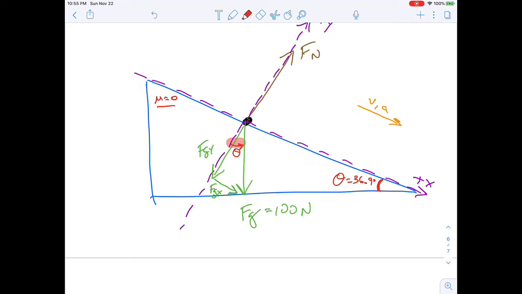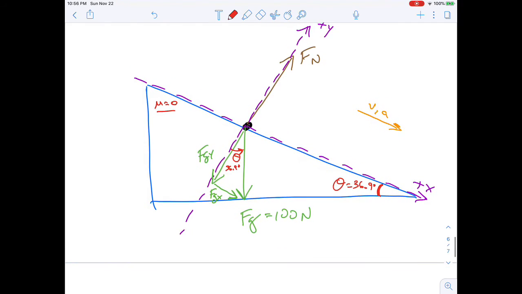And you don't want this angle. This angle and this angle are not the same. So that means that this inside is 36.9 degrees. I made this particular ramp 36.9 degrees again because the trig works. It's a 3, 4, 5 triangle basically.